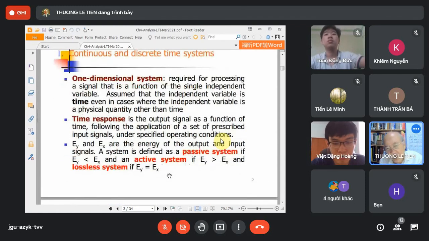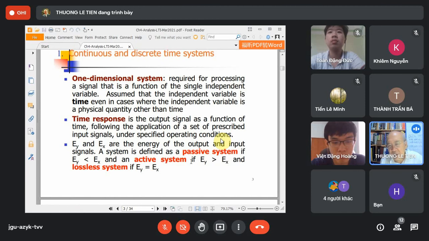No problem. This one we pass through, except this one that defines passive and active systems. In a passive system, the energy of the output is smaller than the energy of the input. In a lossless system, the energy of the output equals the energy of the input.